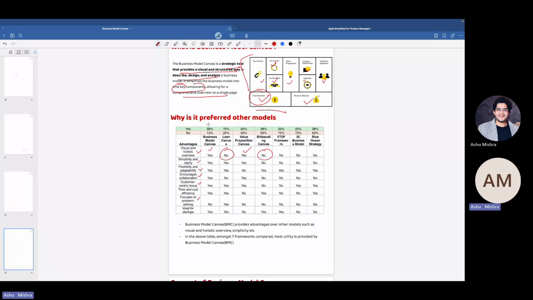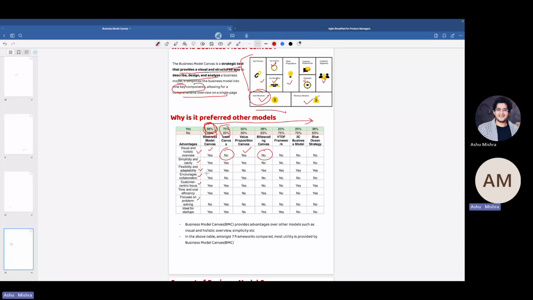So guys, if you see, there is a proportion of yeses and nos. If you see across these 7 models, the business model canvas goes as 88% yeses, which means it is the most holistic business model framework that we can have.